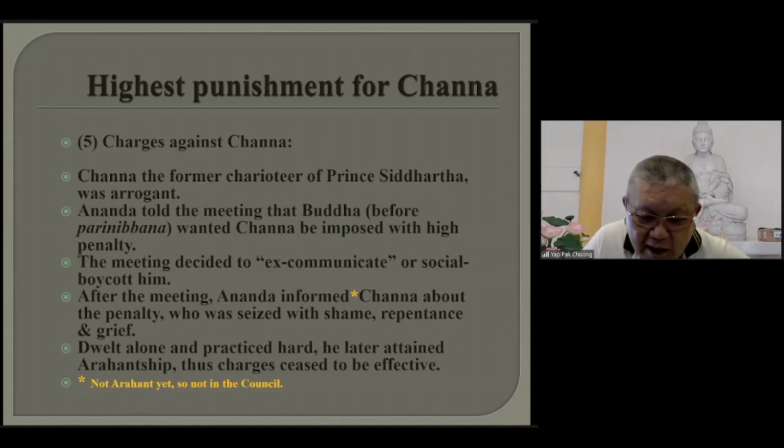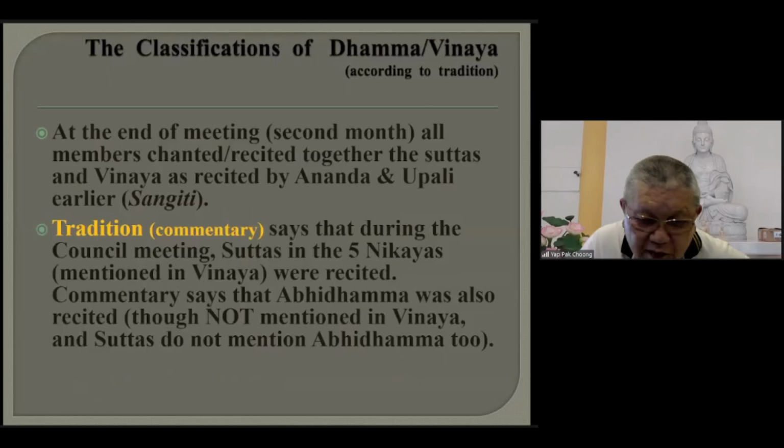First, Upali decided the rules. Ananda decided the Dhamma, regarding the minor rules, and the charges against Ananda, charges against Chanya. That's all. You see, the meeting was over. So all these things have been discussed, and they never dropped any minor rules. So the people have listened to whatever Buddha taught them regarding the Sutta, the Dhamma, and the Vinaya rule.